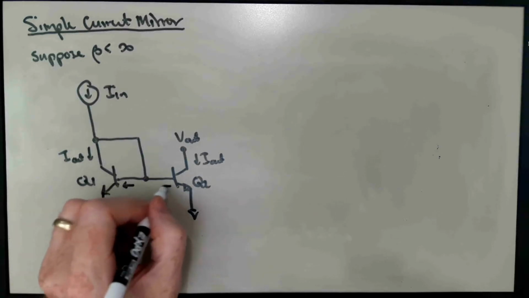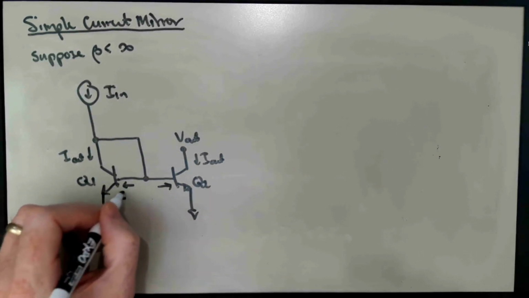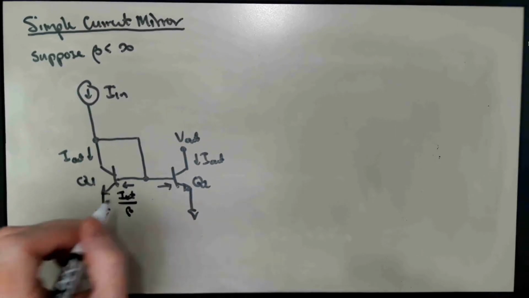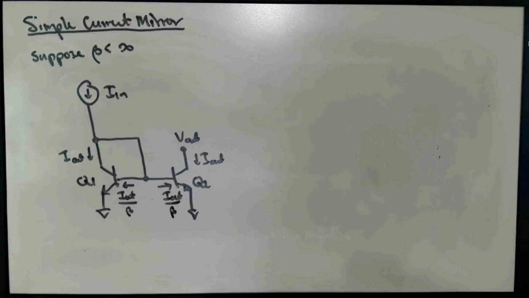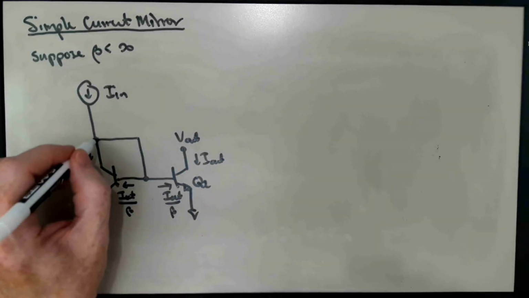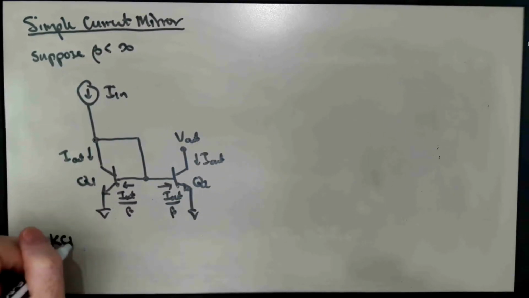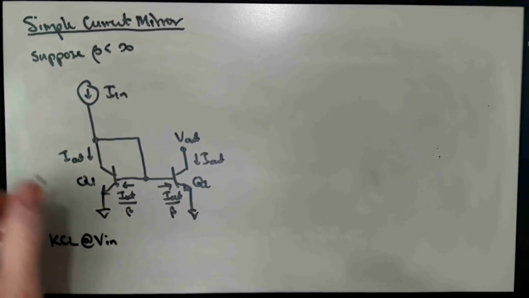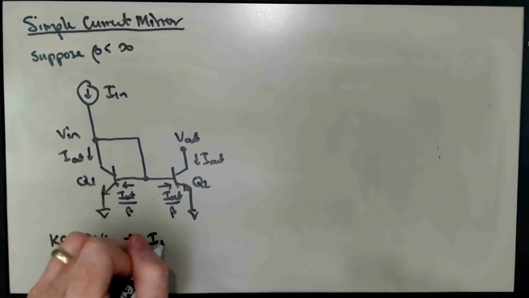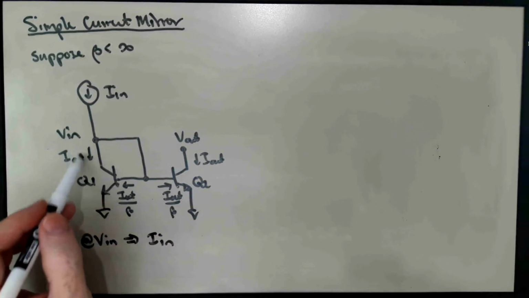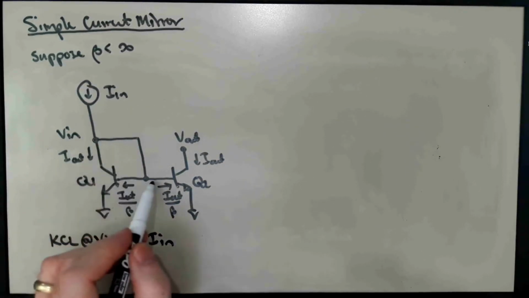So the 2 base currents here are going to each be I out over beta. Right, that's just taking the collector current in each transistor and dividing it by the current gain beta to get the base current. Now the KCL equation at the input node tells us that I in is equal to not just the collector current here, but also the sum of these 2 base currents.